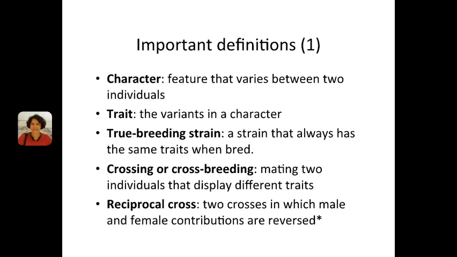Same thing with a white true breeding strain. They're always going to have white flowers. Dwarf, tall, green peas, yellow peas, constricted pods, inflated pods, etc. Each of them was available as a true breeding strain.